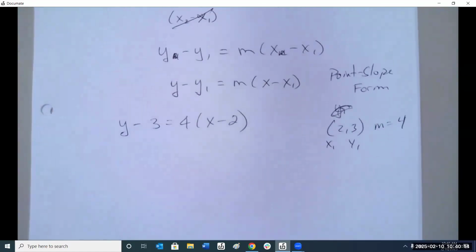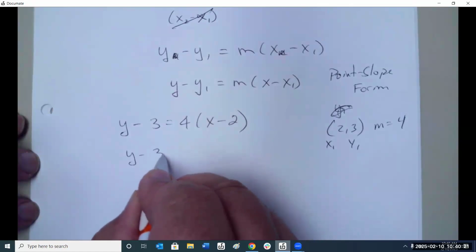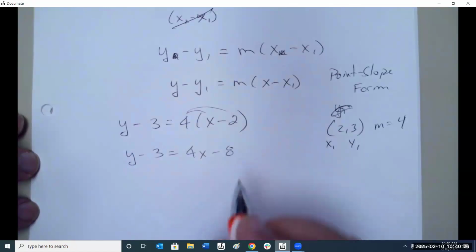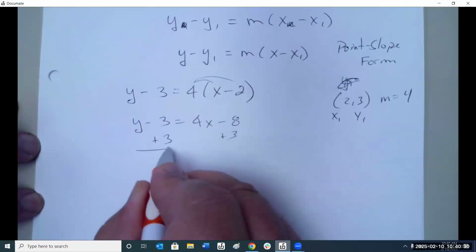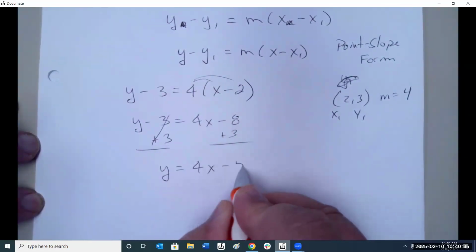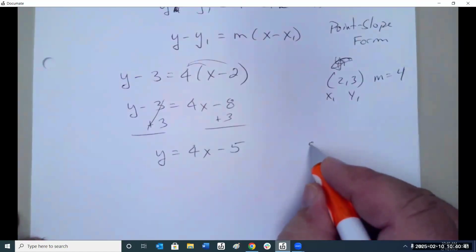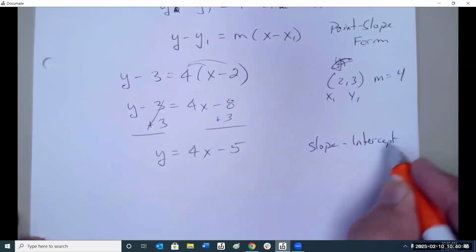Once I define my variables, if I solve for y, add 3. Now my equation looks like what? This is the slope-intercept form.